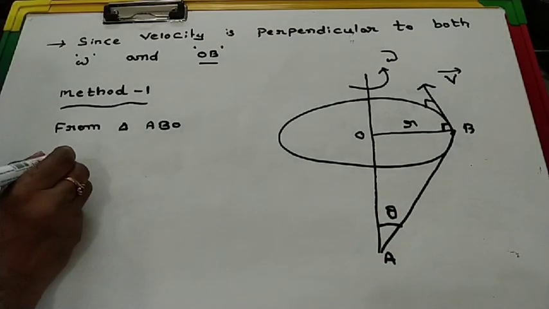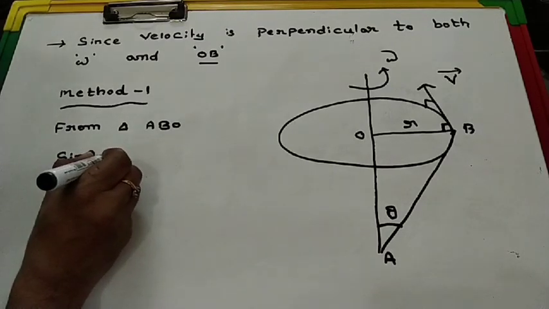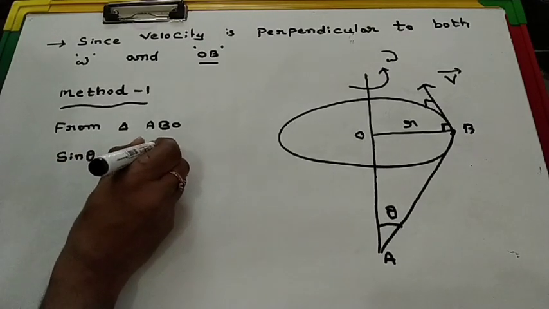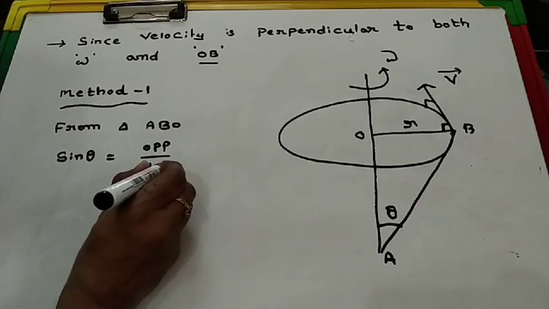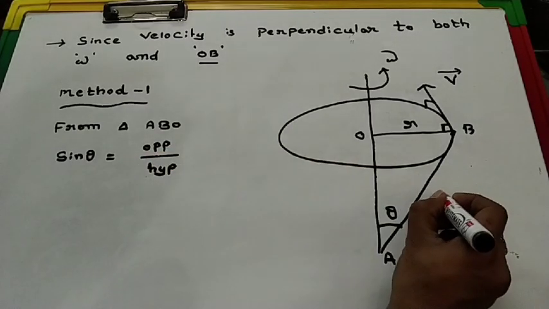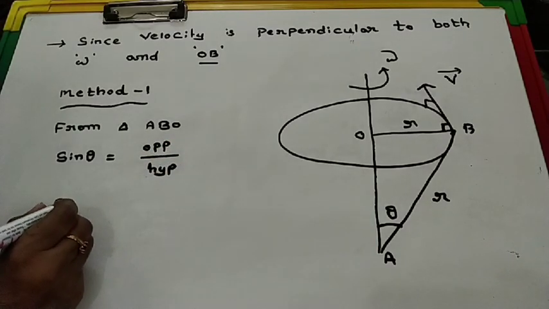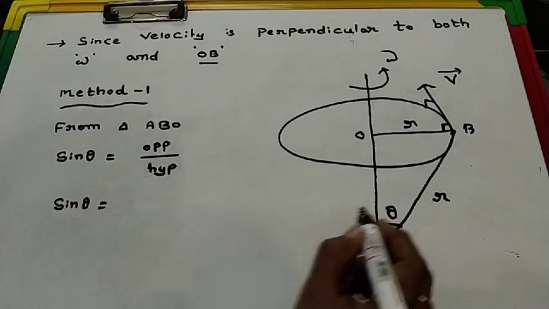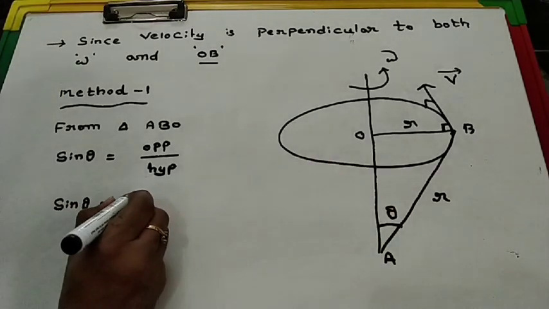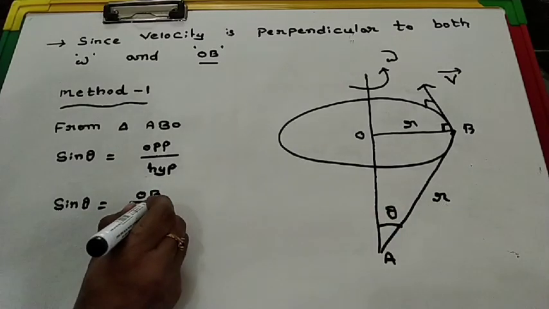sin theta is equal to opposite side by hypotenuse. Consider it is R. So sin theta is equal to, what is the opposite side for this angle? OB. What is the hypotenuse?